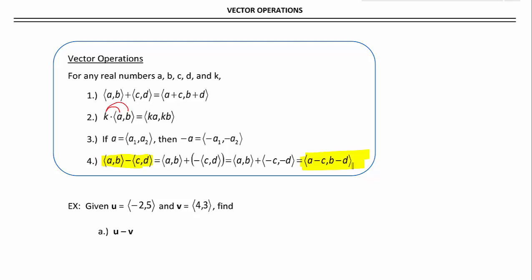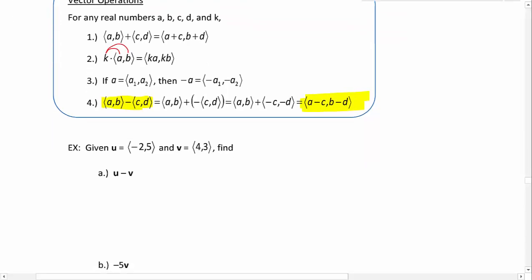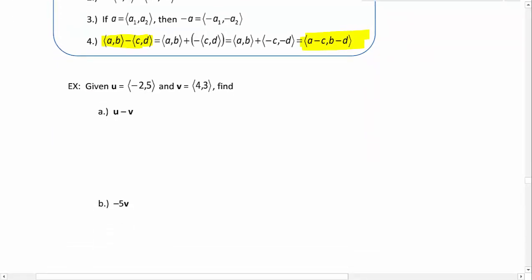So let's perform some operations. Vector u is negative 2, 5, and vector v is 4, 3. Let's start by finding u minus v. When subtracting vectors, that property number 4 shows us that all we need to do is subtract the two first components, subtract the two second components.